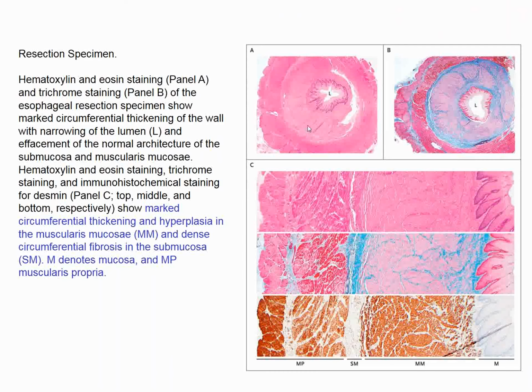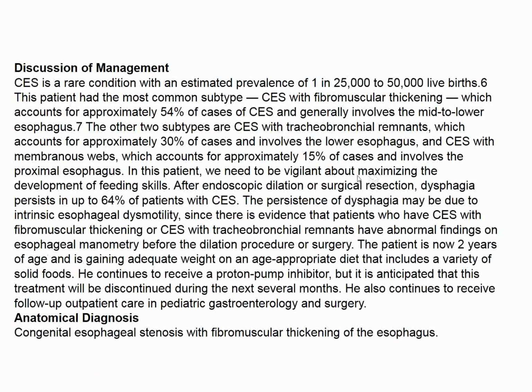So an operation is performed, and this area of hyperplasia here is excised, and an anastomosis is performed. What we learn is that relief of the condition is generally not immediate. It takes a while for this esophageal tissue to normalize, but that eventually was the case.